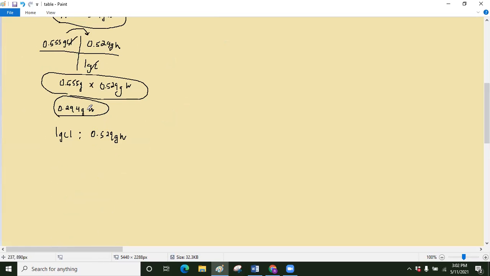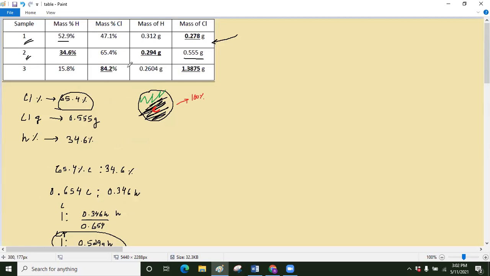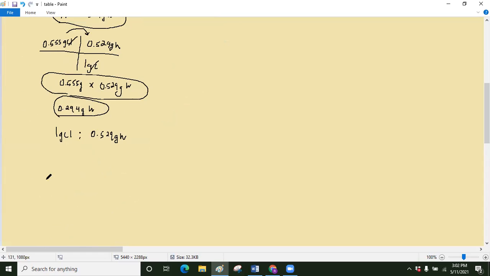Let me take how much hydrogen I have, 0.294 grams, and I want my hydrogens to cancel out looking at this unit factor. So 0.529 grams of hydrogen, and I want it in chlorine, so 1 gram of chlorine.